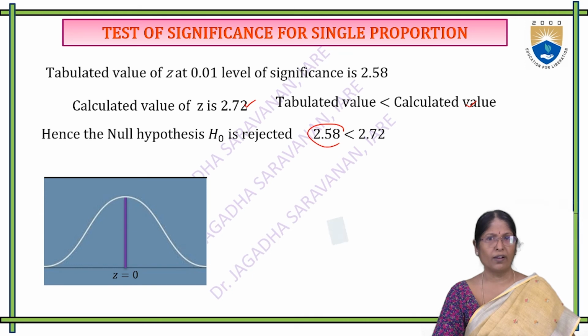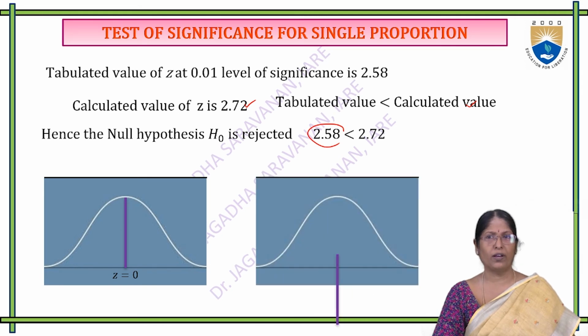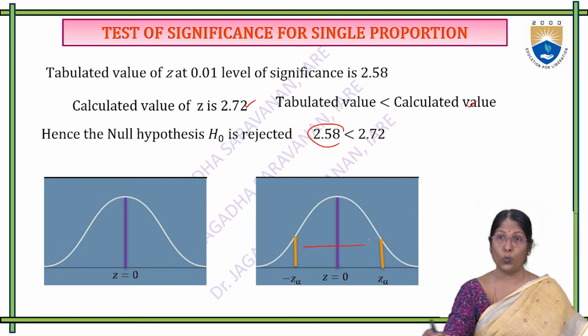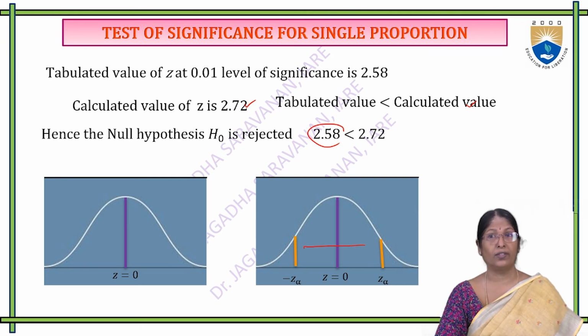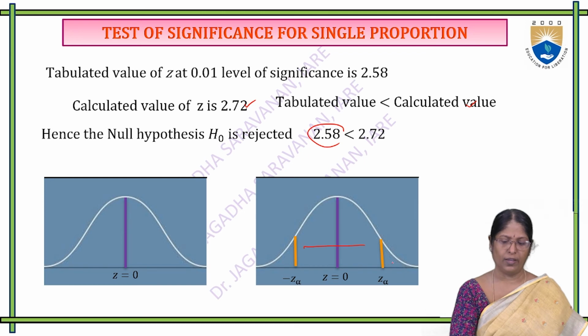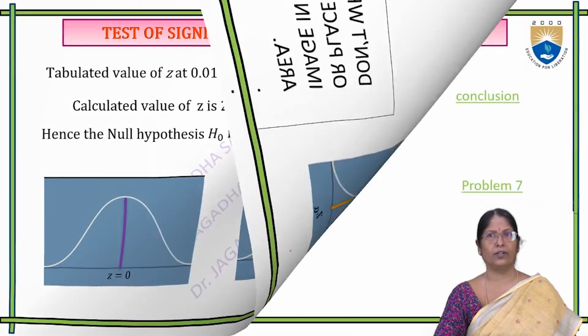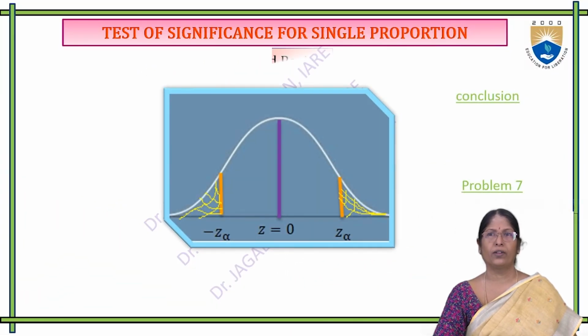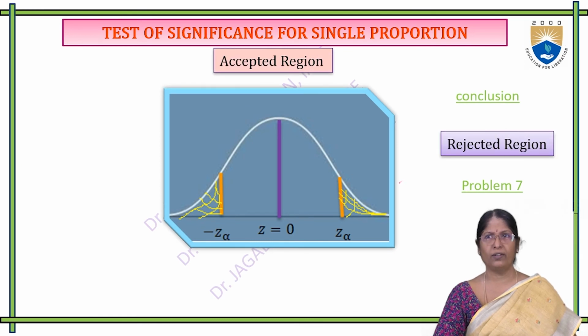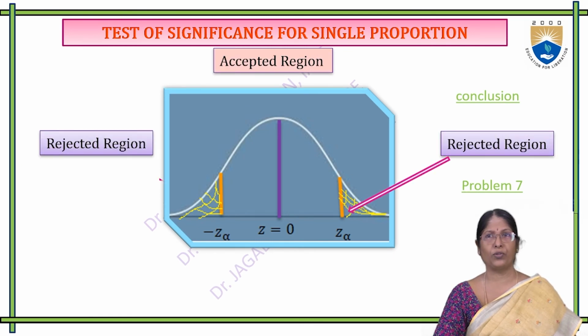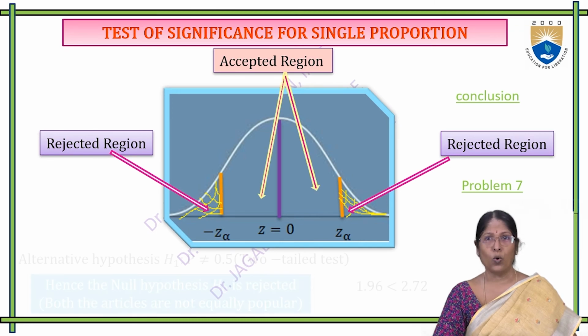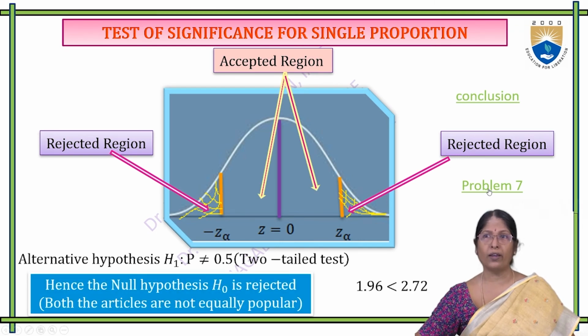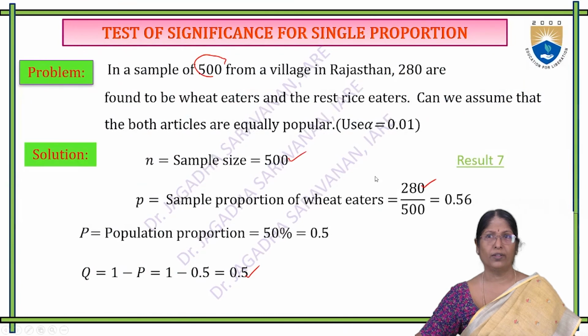Here it's very clearly the basic normal curve, with z alpha and minus z alpha, the vertical lines between the accept region; the other two tails, here and here, are the rejected regions. So we can see very clearly this graphical representation of the two-tailed test. And we can go back to our question.